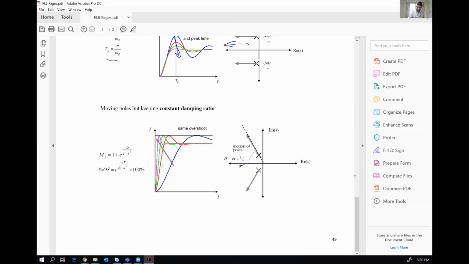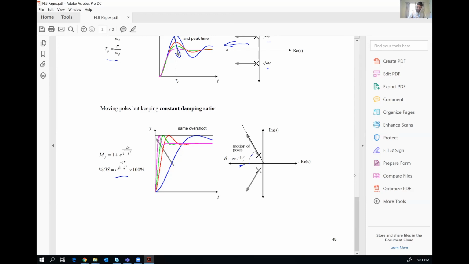The peak response or overshoot was based on just the damping factor. There was no natural frequency in the formula. So all these curves having the same angle with respect to the negative real axis will reach the same maximum value with respect to the equilibrium, and so they will have the same percentage overshoot.